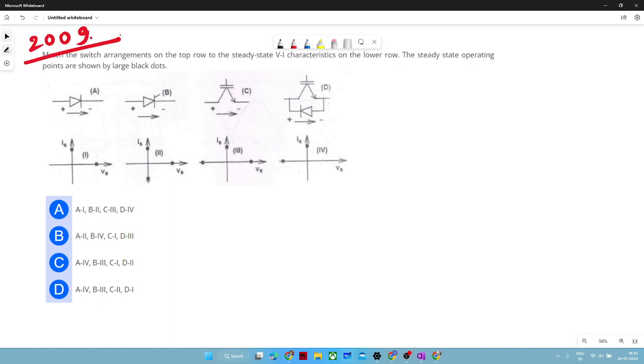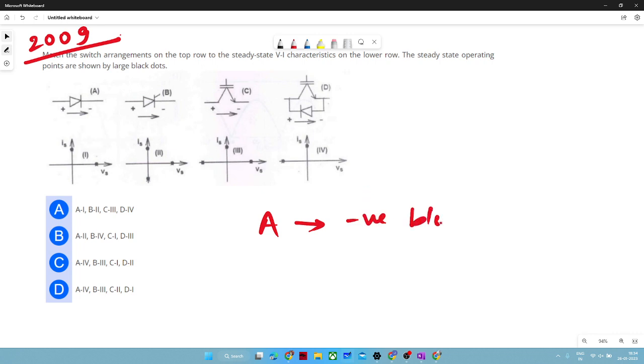Okay. So in this problem, we have to match the suitable IV characteristics of the devices. So first is a simple PN diode. So it will block negative voltage, and A will be negative blocking, right?